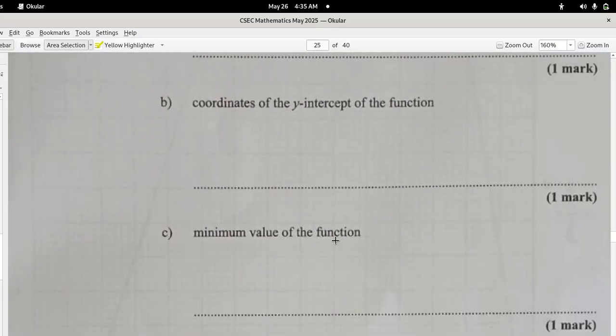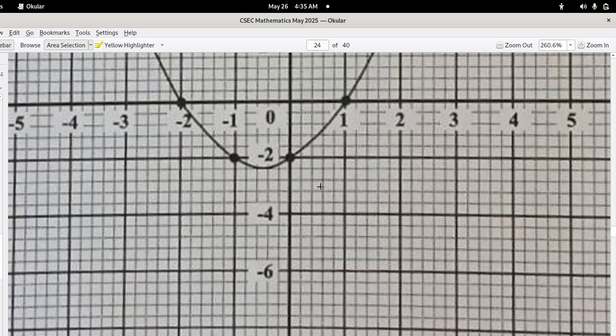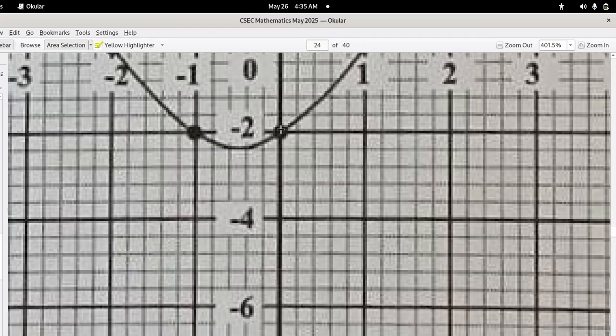Now, the minimum value of the function is going to be part C. That's the lowest point. Between 0 and 2, you have 1, 2, 3, 4, 5 small divisions, so each is 1/5 of 2. 2 divided by 5 is 0.4.